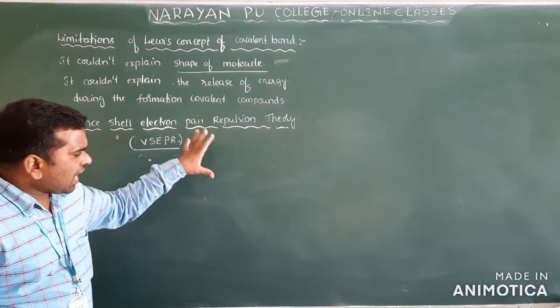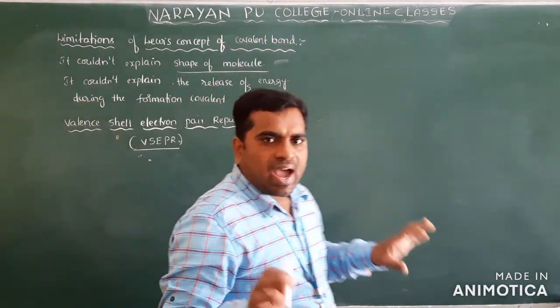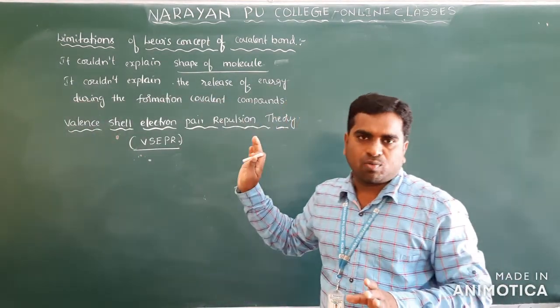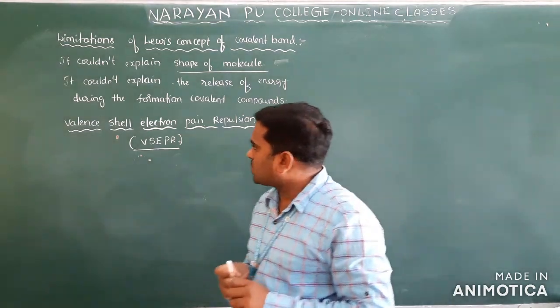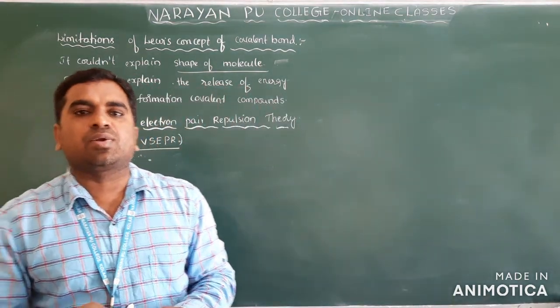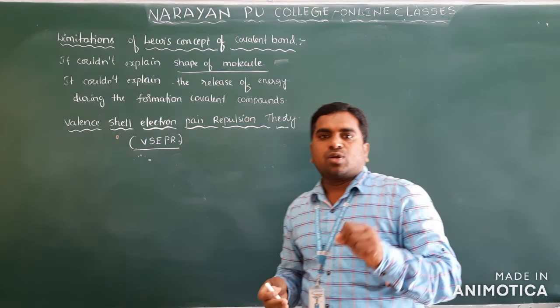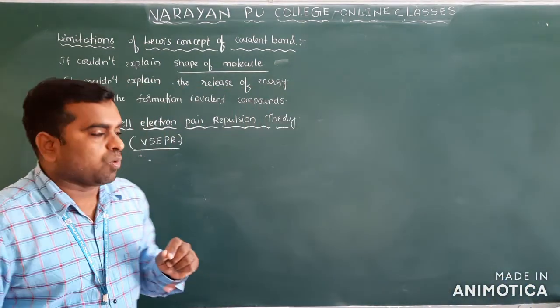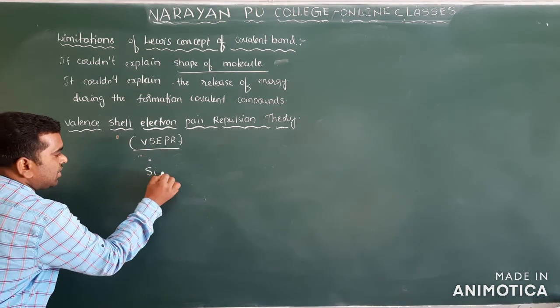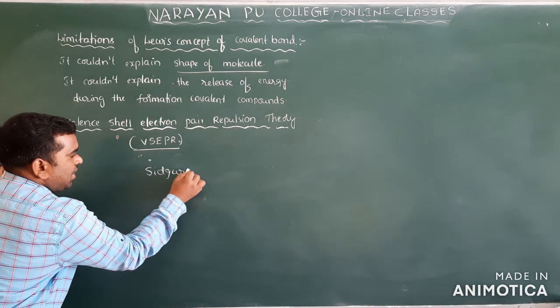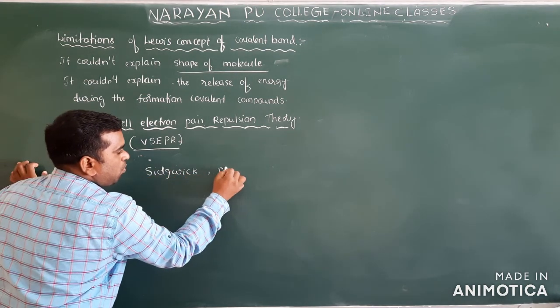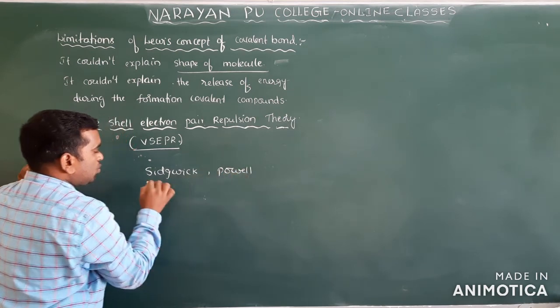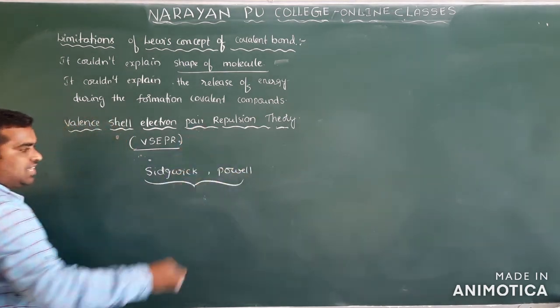Clear? First of all, I will explain, and after that I will write the points here. This theory was introduced by two scientists, Sidgwick and Powell. These two scientists introduced this theory.